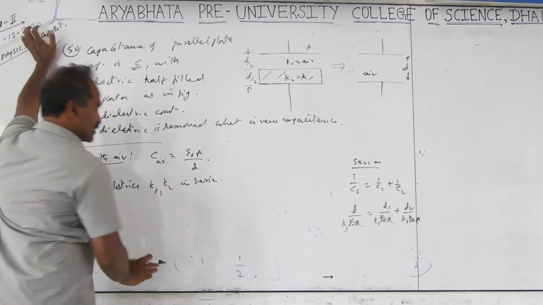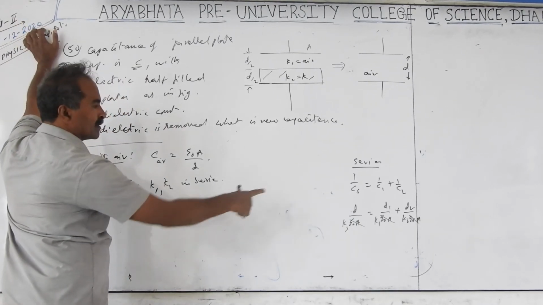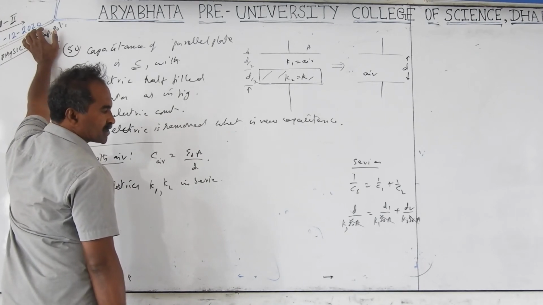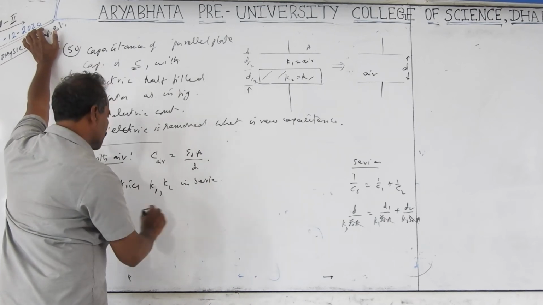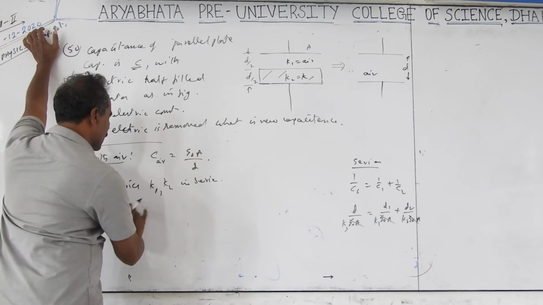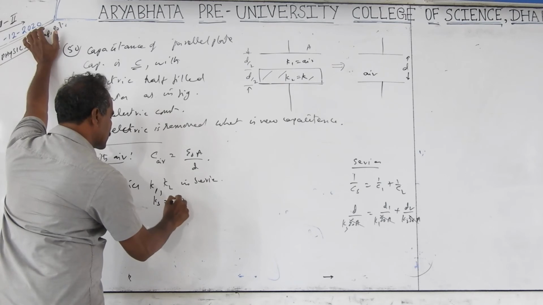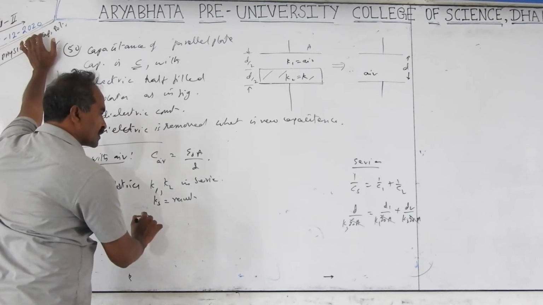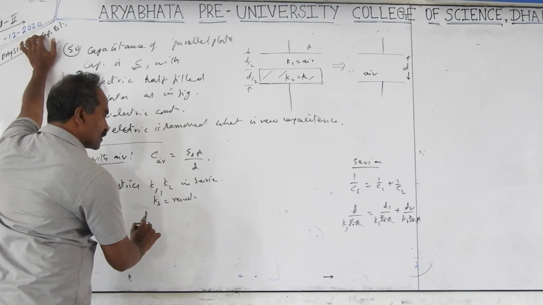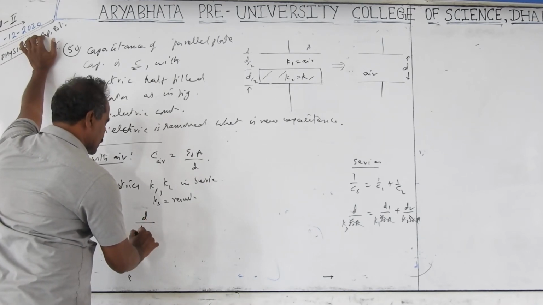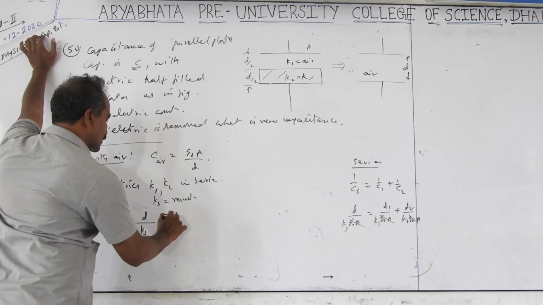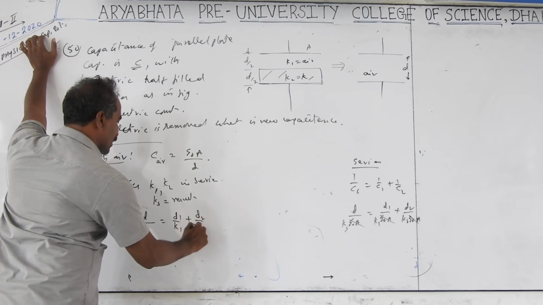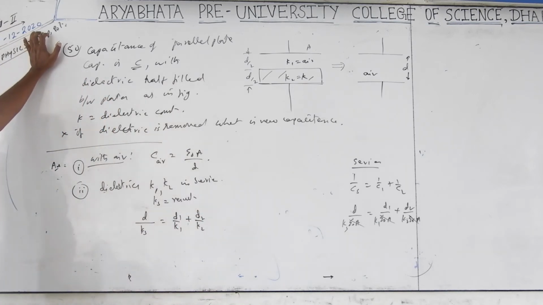The resultant becomes 2 K1 K2, and D1 is equal to D2. Or else first just take D equal to D1 plus D2. D by K series equals D1 by K1 plus D2 by K2.